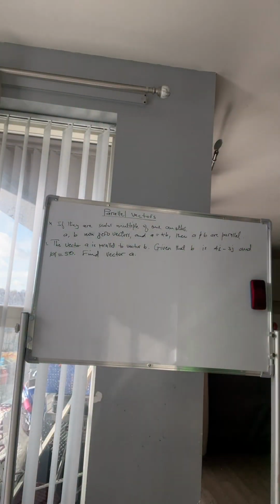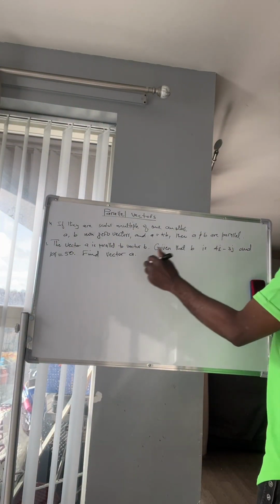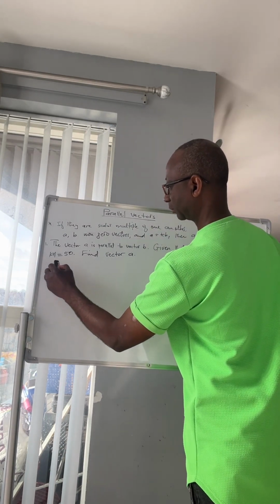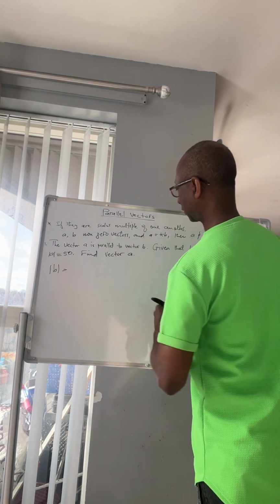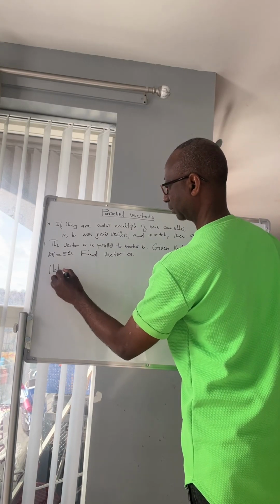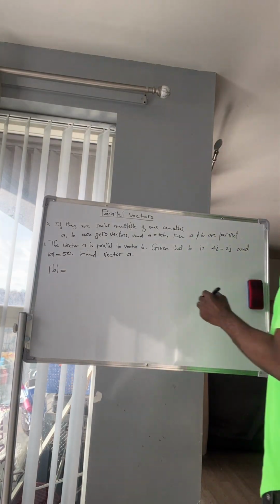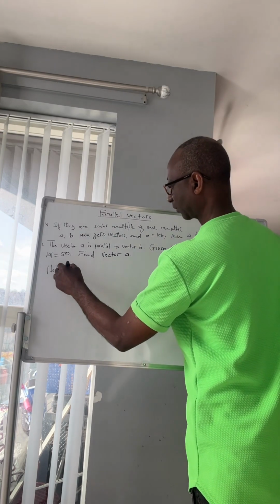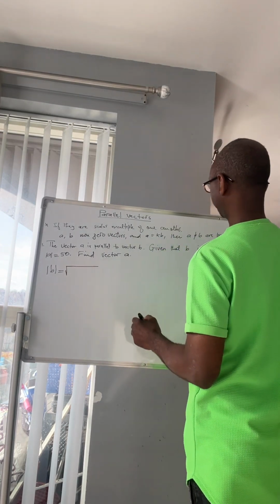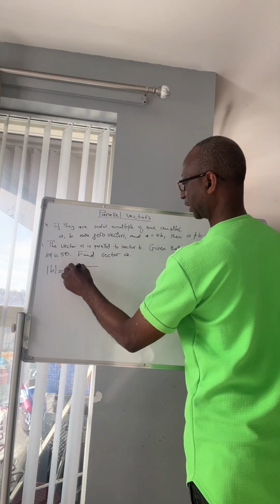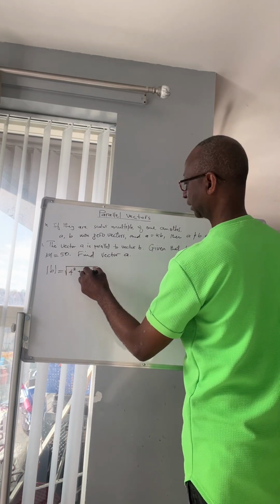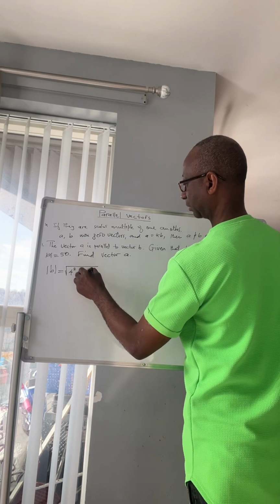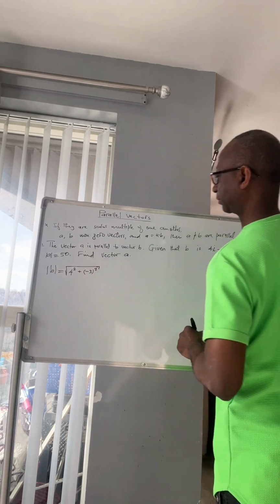So, if that is the case, magnitude of B, that's vector B, this is equal to, when you're doing magnitude, you don't consider the letters, you only take the numbers. That is the square root of 4 squared plus minus 3 squared.